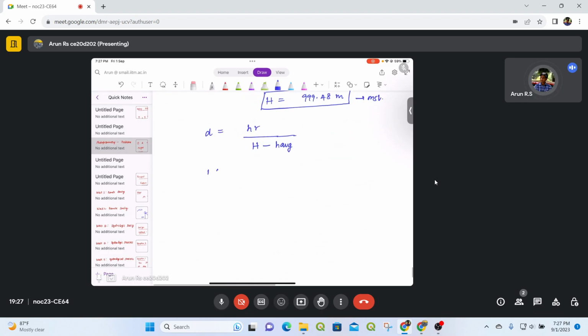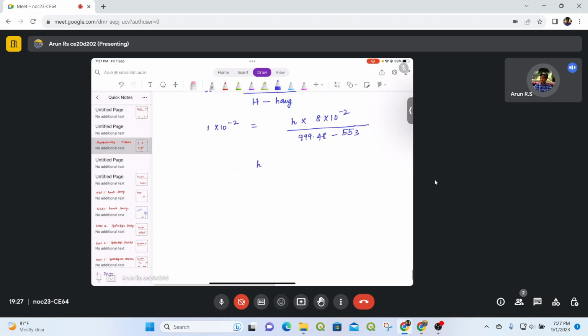So your relief displacement is 10 power minus 2, 1 centimeter, equals h into r, the top of the tower, 8 into 10 to the power minus 2, divided by h, which is 999.48 meter minus 553. From this we can estimate the height of the tower to be 55.81 meters.